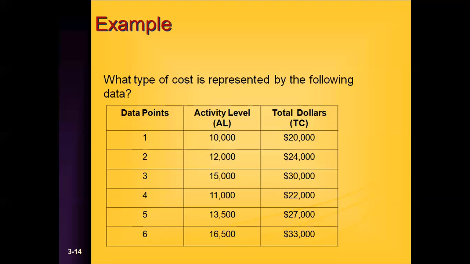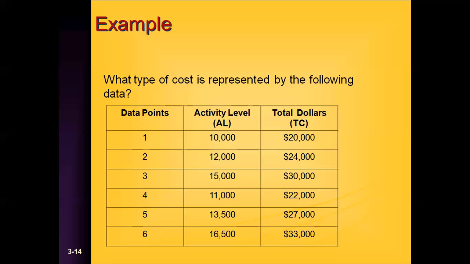Let's take another example. Okay, so we have 6 data points. We look at the activity levels here. Data point number 1, we've got 10,000 units being produced, and you have a $20,000 total cost associated with those units. Then you do 12,000, and now you're up to $24,000.